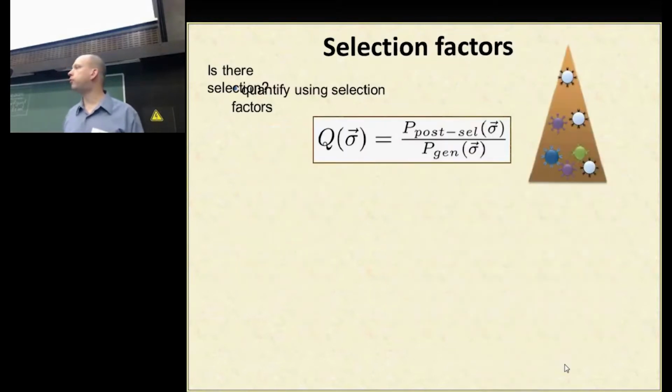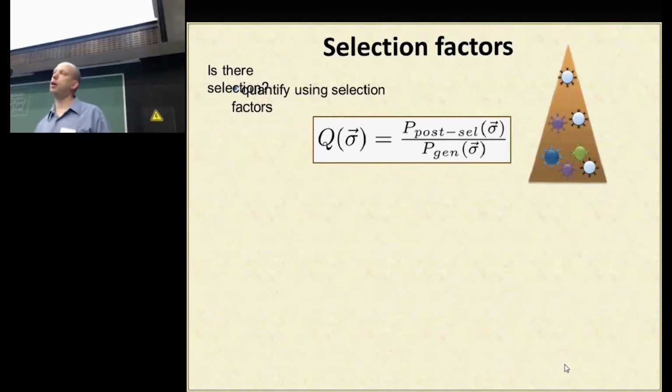We define in a very general manner a selection factor for each sequence. Sigma is a sequence, and there is a probability of generating the sequence and the probability of seeing it after selection. The ratio between those, we call Q. All right, this is a very clear definition that is per sequence.